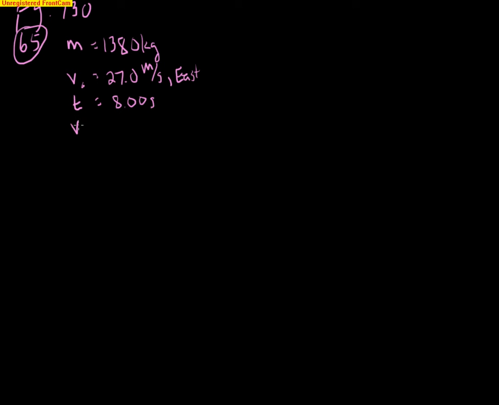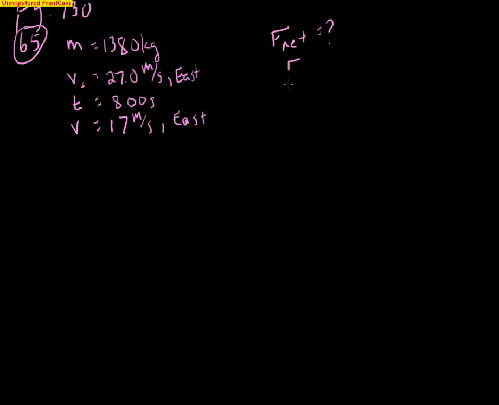The final velocity, it says it slows down to 17 meters per second, so we're assuming that's still east because it didn't say that it changed directions. And that's all the information that we have. So we're asked to find the net force, F net, equals what?